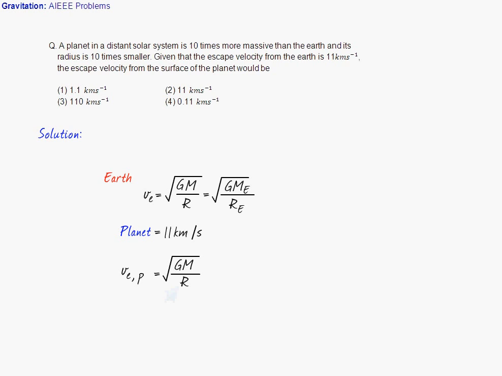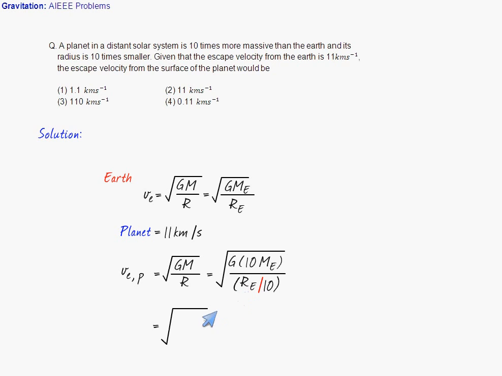So we have to substitute the values. G is constant everywhere, 10 times the mass, and the radius is R by 10. So how much will it become? 10 times the mass of the Earth, and this is the radius of the Earth.